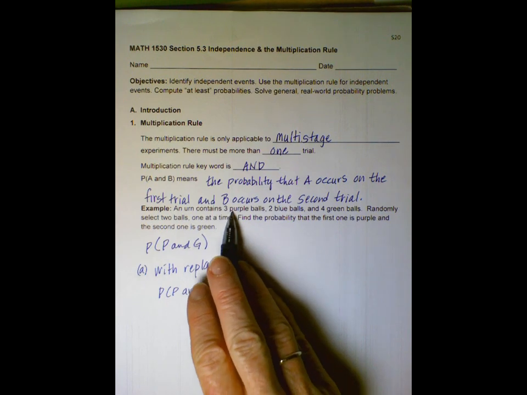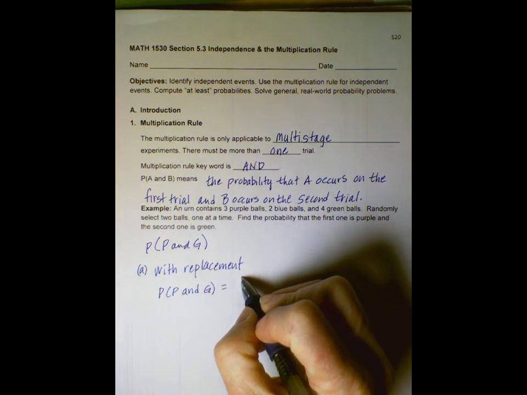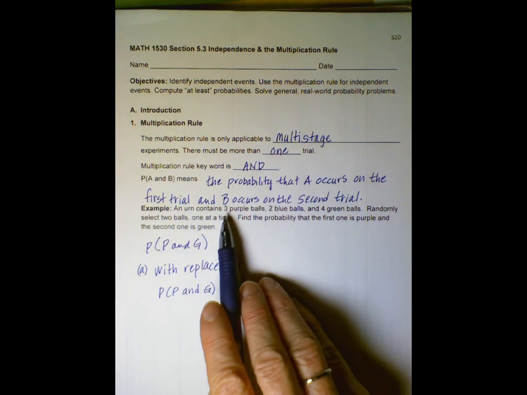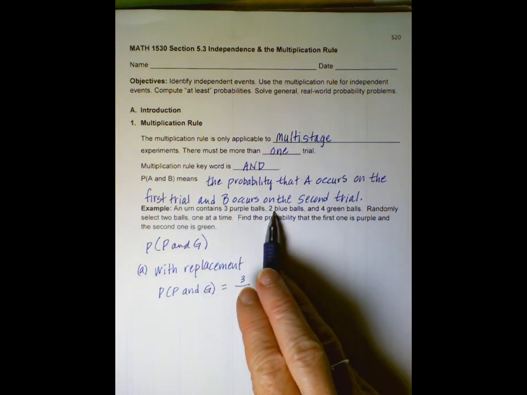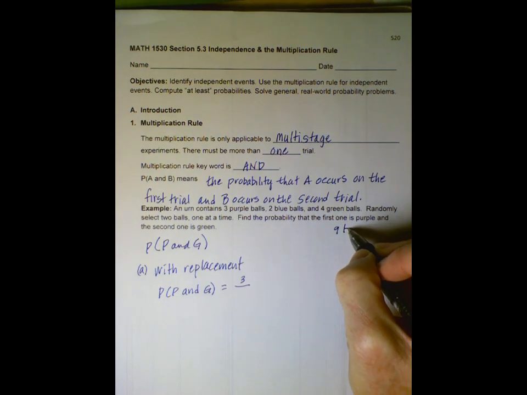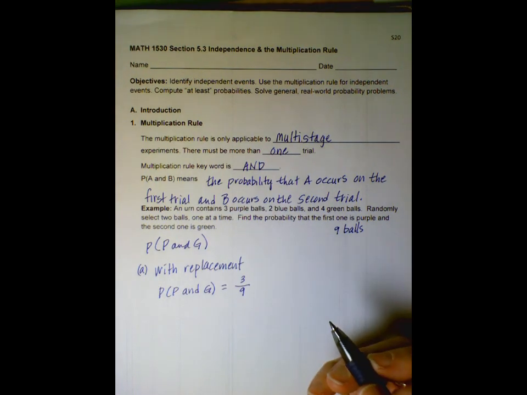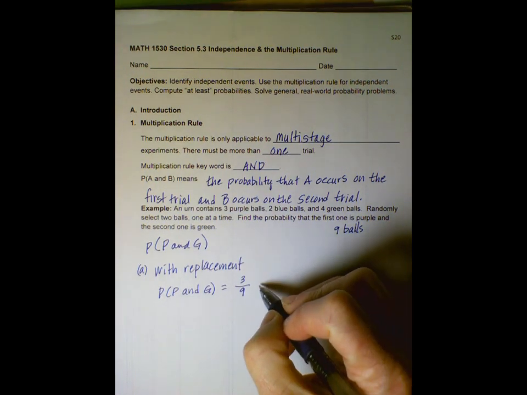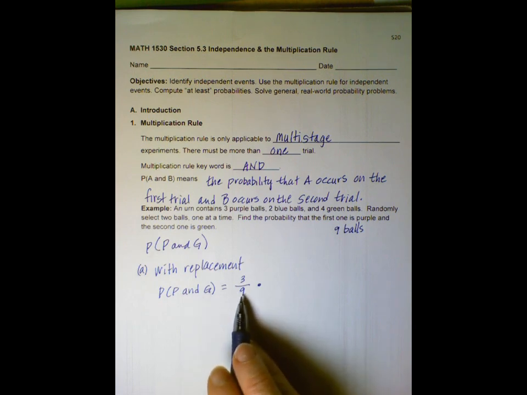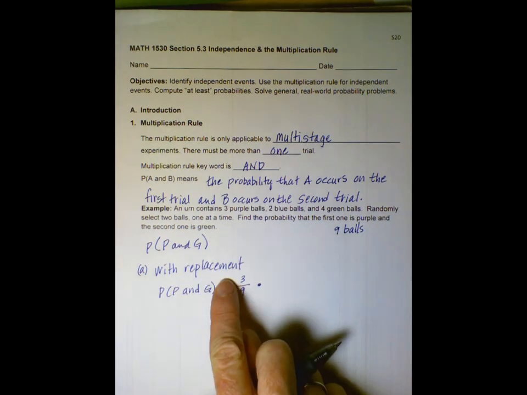the probability of purple. Well, first, what do we know? We have 3 purple balls, so we have 3 out of, well, we need our relative frequency, relative to the total. What was the total? 3 plus 2 is 5, plus 4 is 9. So we have 9 balls total, so 3 over 9. That's the probability of a purple. Times the probability of green, and we put the first ball back.